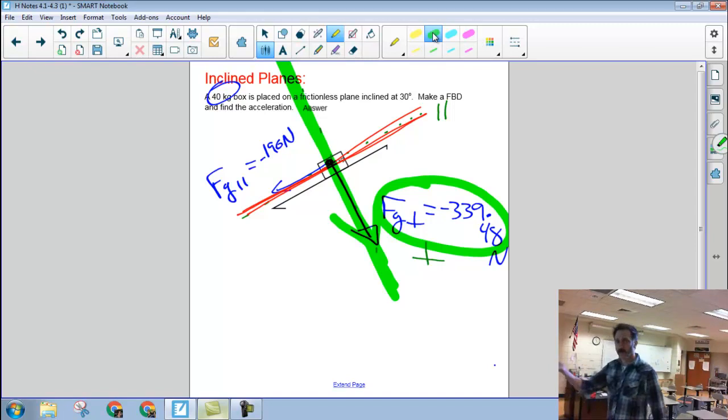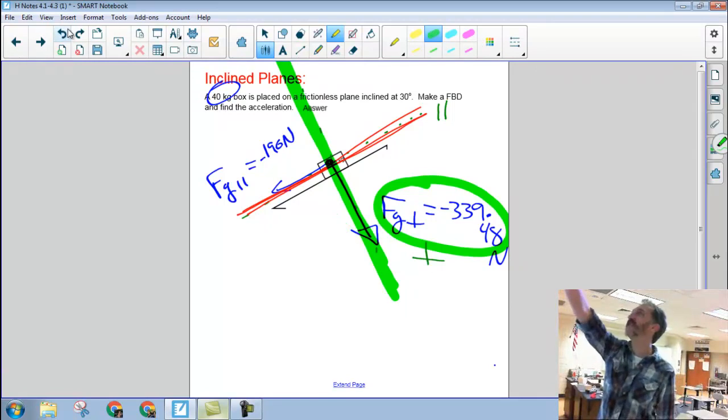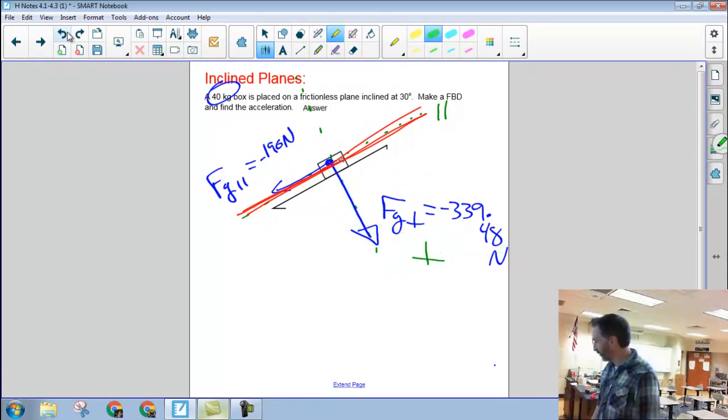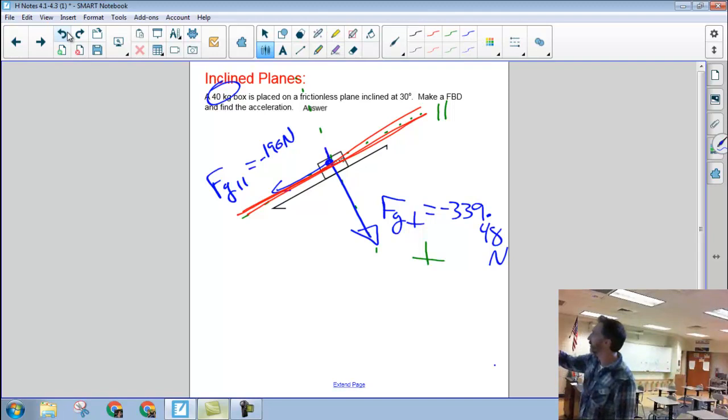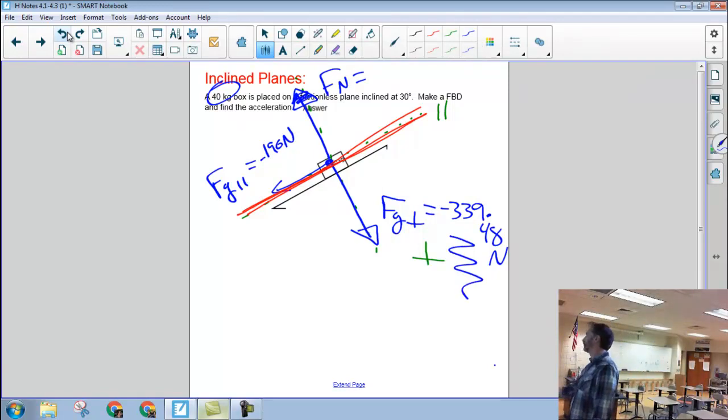Well, there's a normal force. Now remember, it hasn't come up a ton recently, the normal force is always perpendicular to the surface. The word normal in math means perpendicular. So for the purposes of this class, unless you take AP or go farther in your physics education, anytime you're on an inclined plane, you can pretty much assume that your normal force will exactly cancel the perpendicular component of gravity.